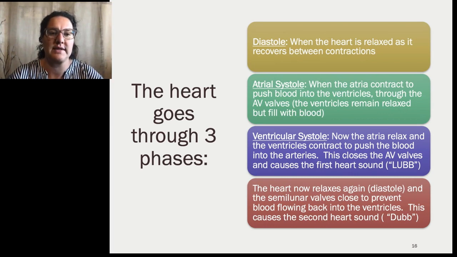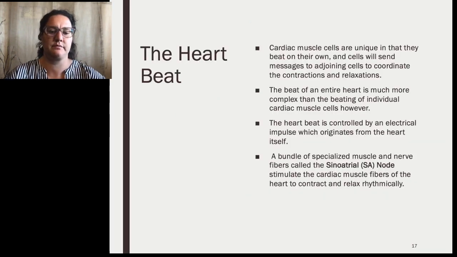The heart now relaxes again back into diastole, and the semilunar valves close. These are the ones into the aorta, to prevent blood flowing back into the ventricles, which causes the second heart sound, dub. So when we think about a heartbeat, it would go lub-dub, lub-dub, lub-dub. And that's when the atrioventricular valves are closing and the semilunar valves are closing to seal off the ventricles.